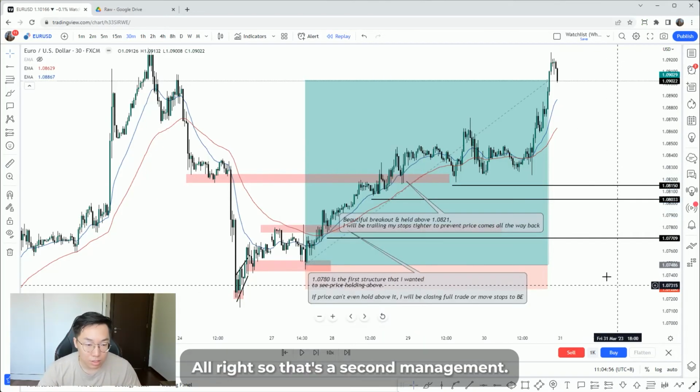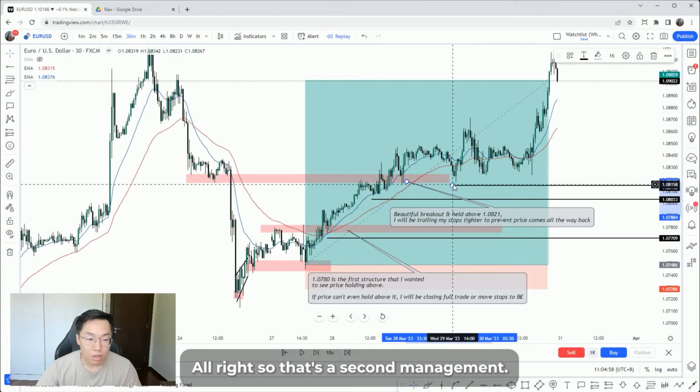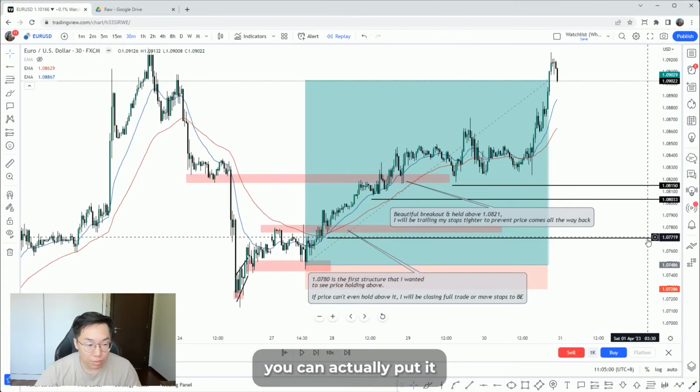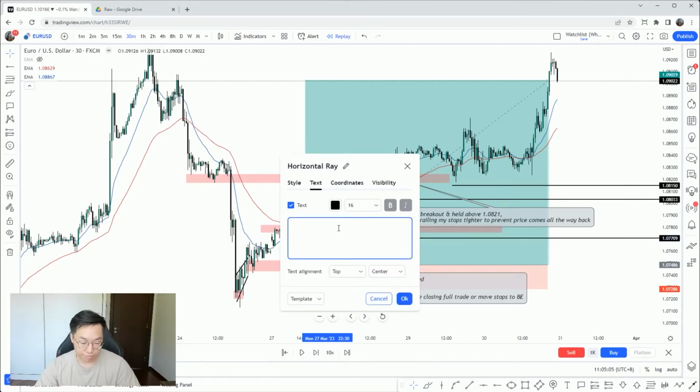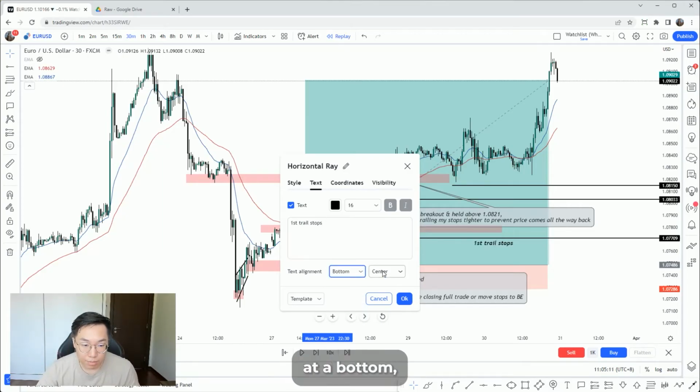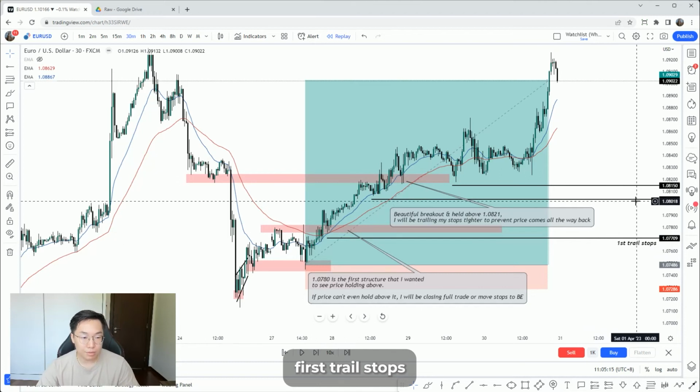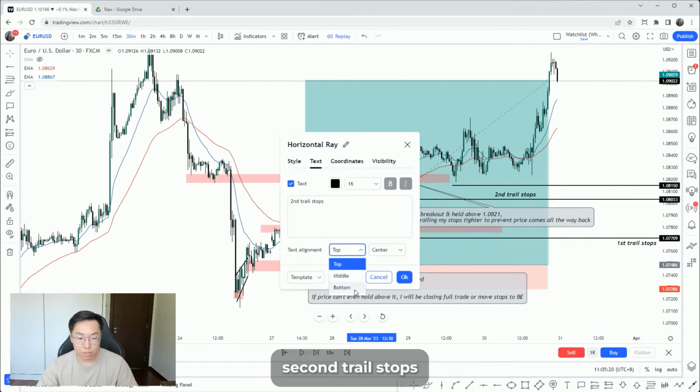All right, so that's our second management. Our third trail stops, you can put here as well. So that's our first trail stops, put it at the bottom. Now put it at the most right. First trail stops, second trail stops.